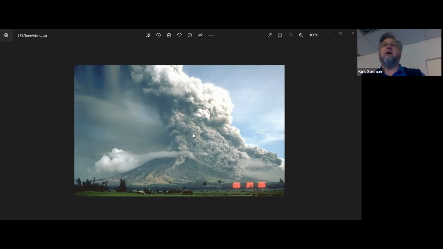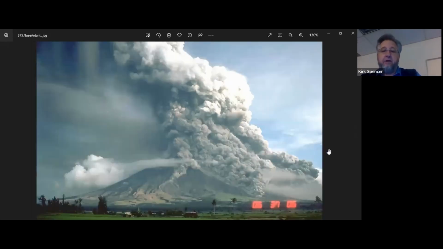The problem is you really can't see the individual clouds, the individual currents, during massive initial eruptions. And so most of the time, when you see these images of a nuée ardente, it's after the major eruption. This is a minor eruption afterwards, but you see this current of cloud here. You see one there. You can see one here.